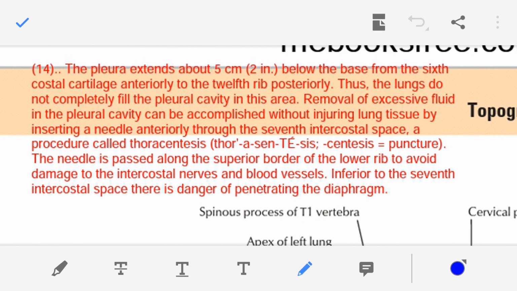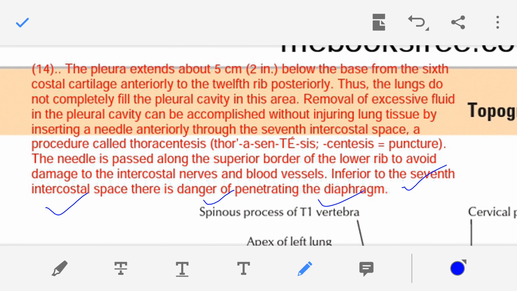And inferior to the 7th intercostal space, there is a danger of penetrating the diaphragm. So care should be taken when the syringe or needle is inserted in the patient's body, that the needle does not penetrate the diaphragm.